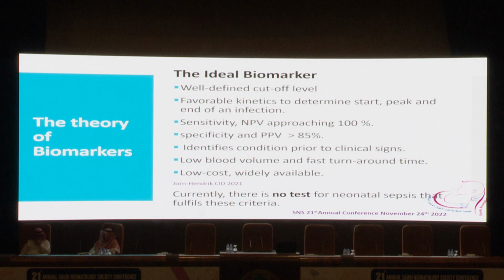It should carry a high positive and negative predictive value, up to 100%, with high sensitivity, and it should help identify neonatal sepsis before it happens. And since we are dealing with neonates, the biomarker needs low blood volume and fast turnaround time. For sure, we need low cost and wide availability. But currently, we don't have a test that fulfills all these criteria.